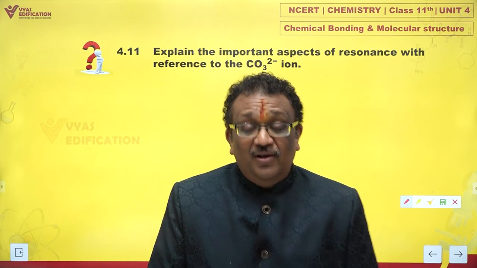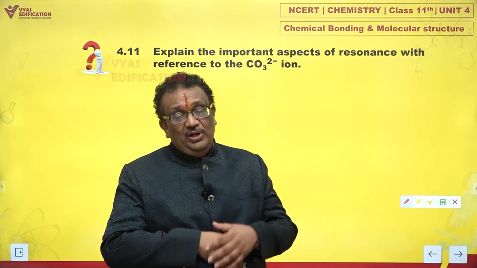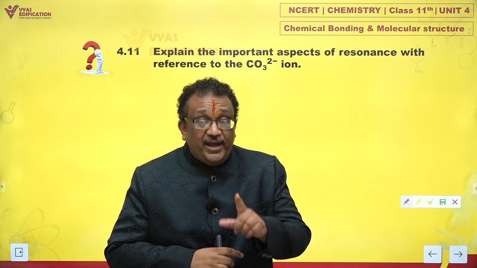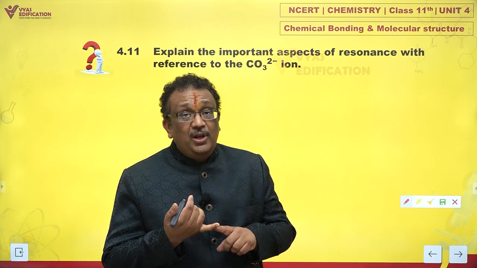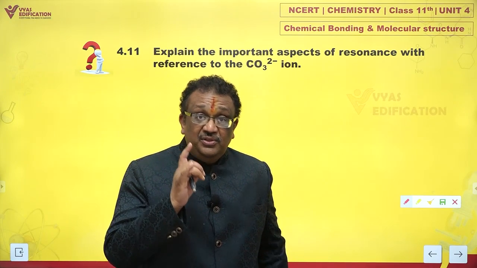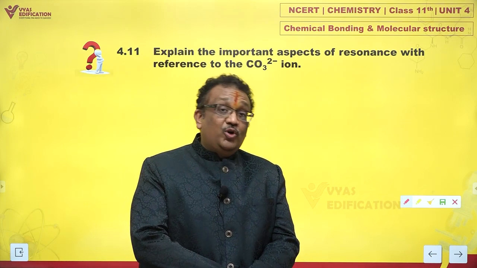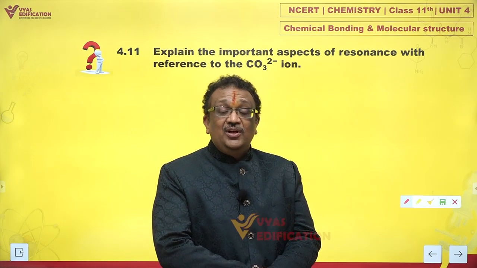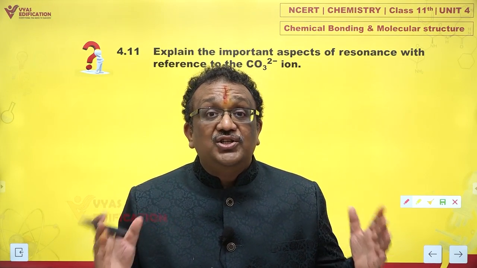So, whenever the actual structure of a molecule in nature cannot be accurately represented by just using single, double or triple bonds, then the concept of resonance is invoked. What do we do then? In that case, we say that the actual structure can be imagined.